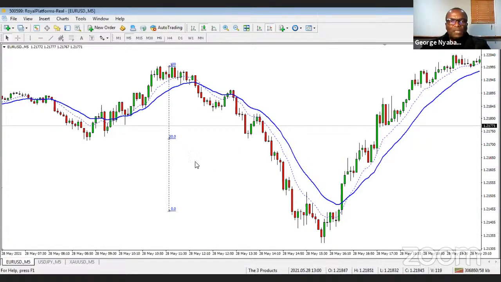Let me wait. You see, there is a measured move. The market breaks beneath this low here. Market breaks beneath this low, it might make a measured move down to here. And if it makes a measured move, then I'm going to look to jump into the trade.